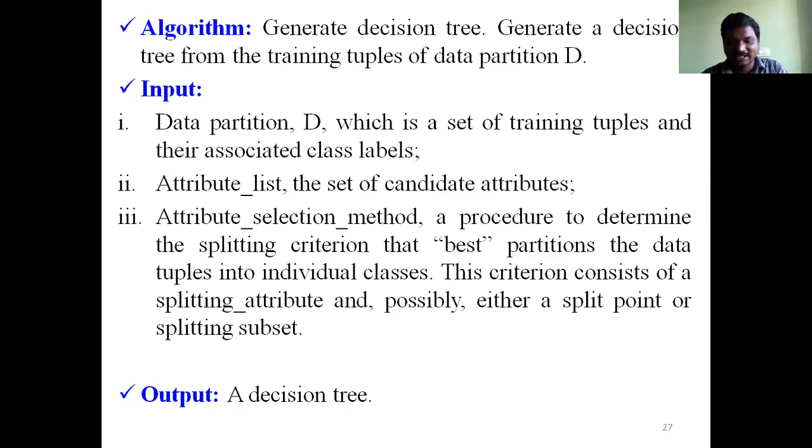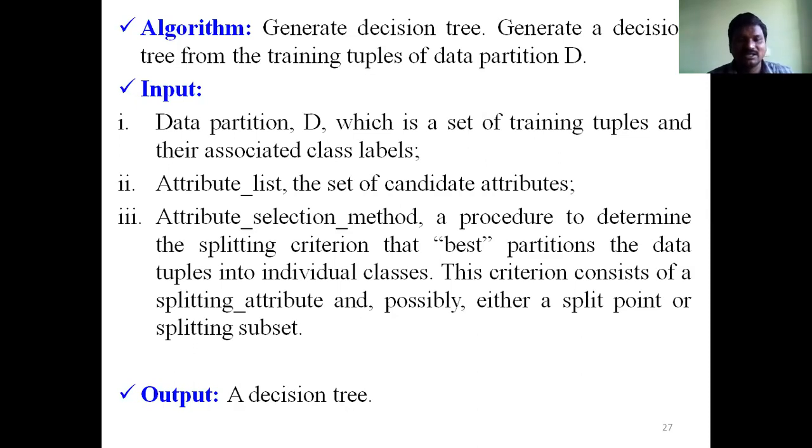Whatever we take, you are giving any one of the measures. There are three inputs: the data set, the attribute list for the data set, such as age, income, credit rating and buying the computer, which are all attributes, and the attribute selection measure. Which one is the best method?